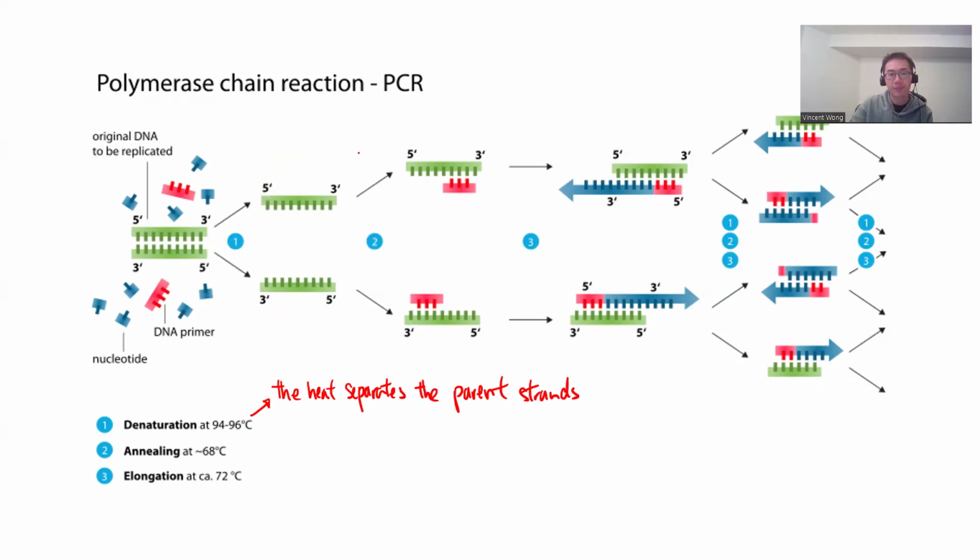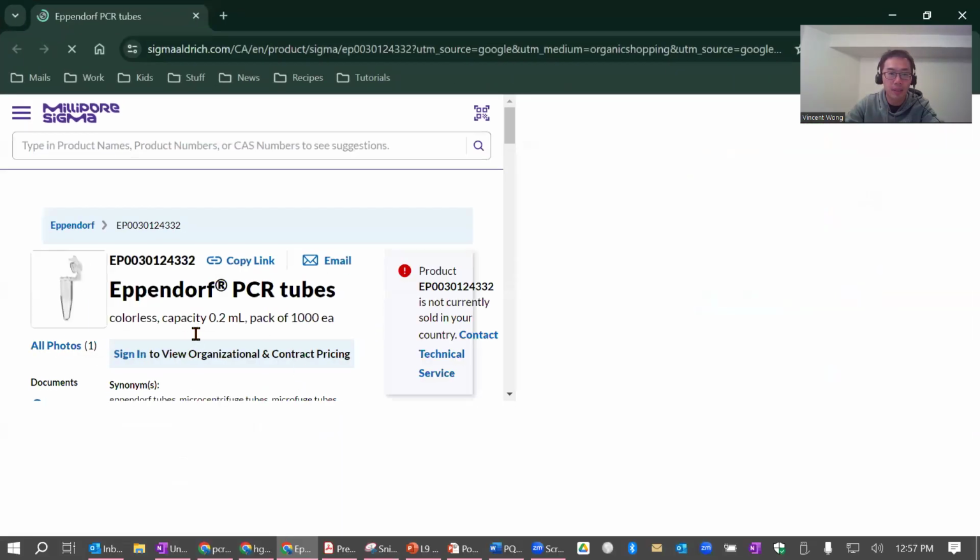Now they separate. Now all this you're going to do in a tiny tube. Let me show you what the tube looks like. It's really hard for you to visualize, I suppose. But here it is. It's called an Eppendorf tube.